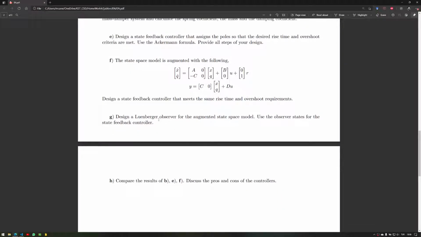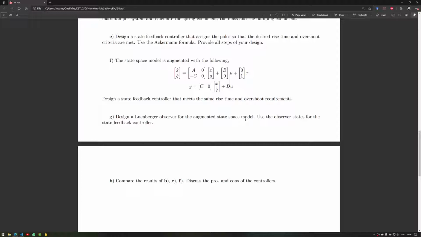And last but not least, we have a question where we ask you to design a Luenberger observer, which should be designed for the augmented system. So in case of a lack of measurement for the states that are necessary in order to apply the state feedback control, we opt for the Luenberger observer that uses its output and the output of the system, the difference, as a dynamic and an error dynamic on its own.